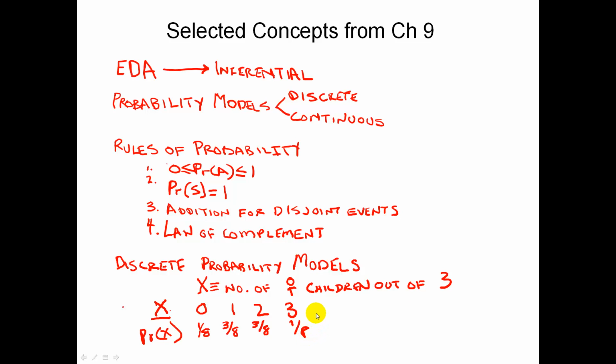So that's pretty easy. You can say, what's the probability of seeing 0 or 1 girl out of the 3? That's 1/8 plus 3/8, or 4/8, 1/2, and we can combine these with the law of complement, addition law, and so on. So there are some homework problems having to do with discrete probability models, because those are easiest to demonstrate these rules.